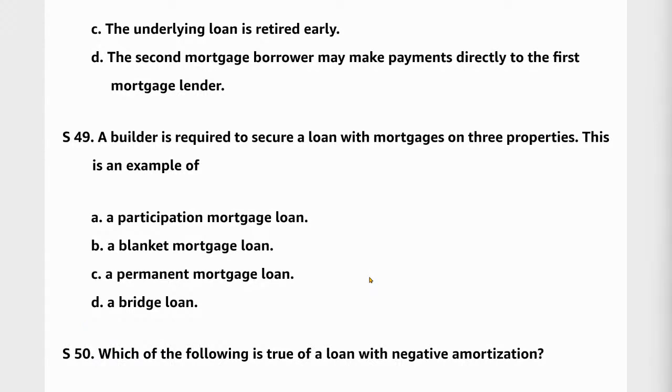Again, all these are vocabulary. So if you've got 3 properties that he wants to use to secure a loan with, what is this an example of?